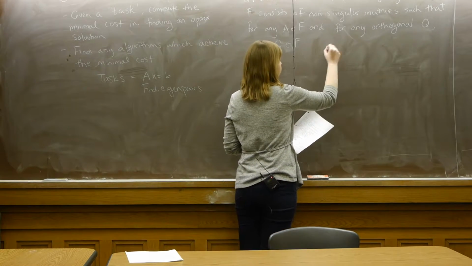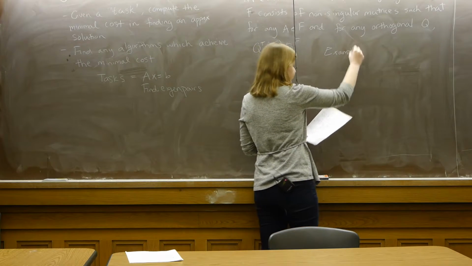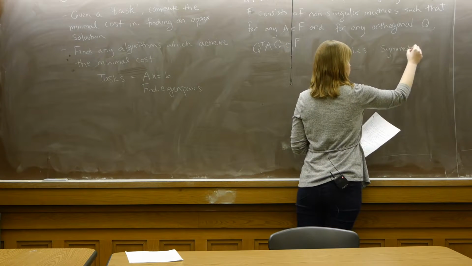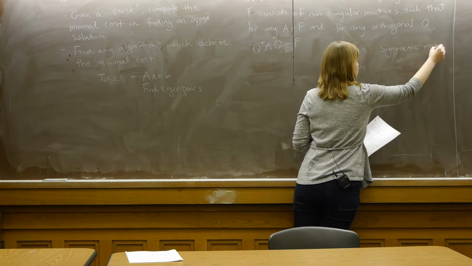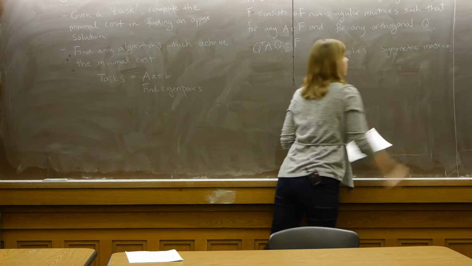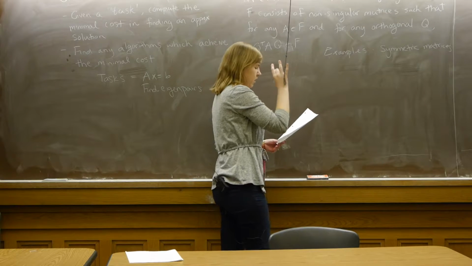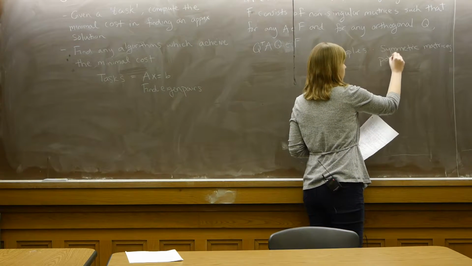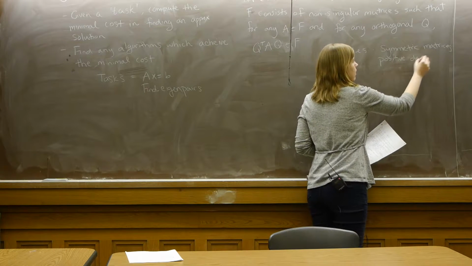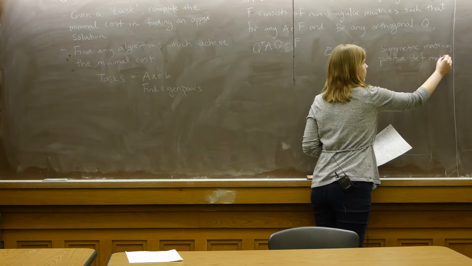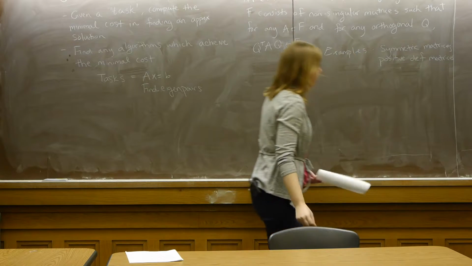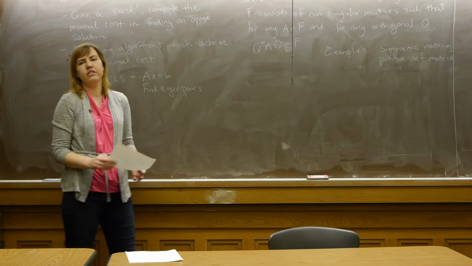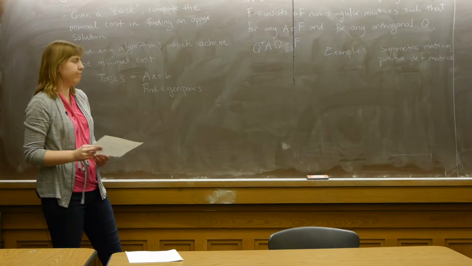Examples of classes would be symmetric matrices. So if we take F to be the class of all symmetric matrices of the same size, positive definite matrices, any class of matrices defined by some property on their eigenvalues will also be orthogonally invariant.